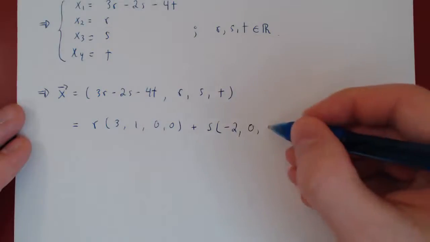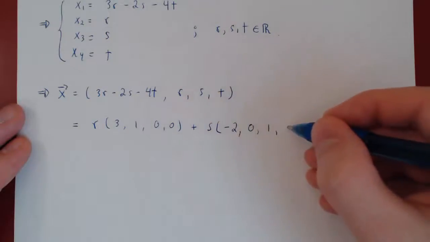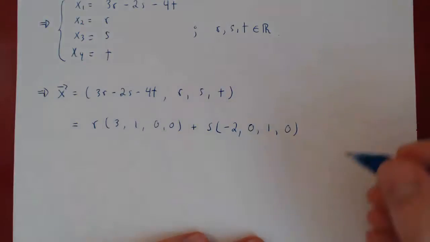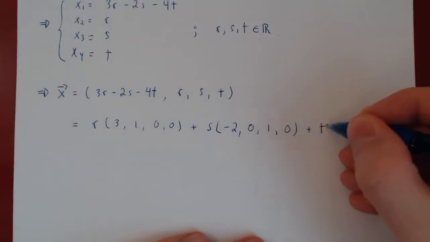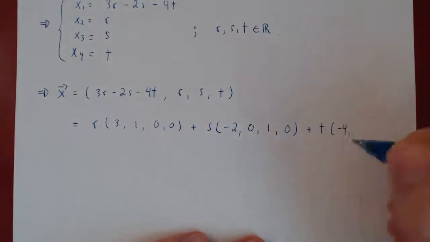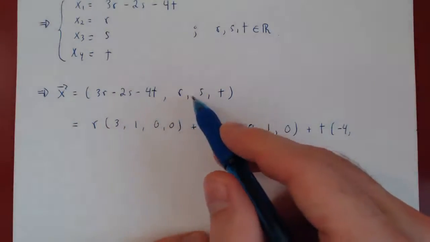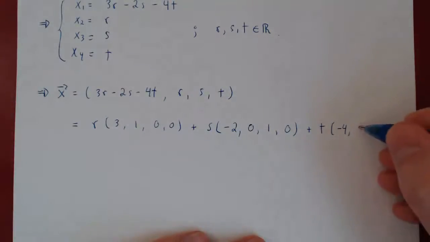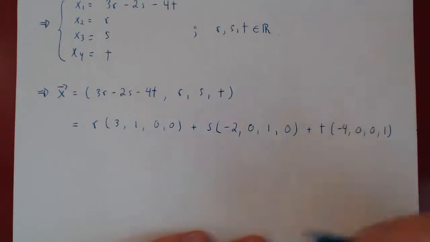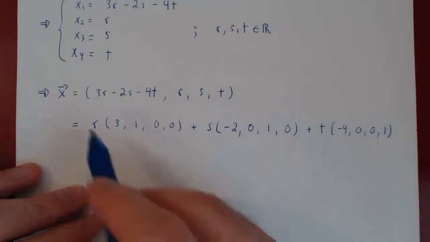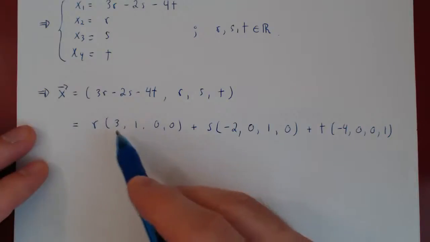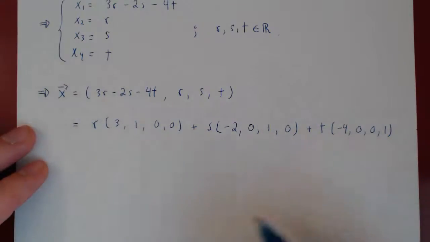There is 1s, 1, no s, 0. Finally, we split t, so plus t times negative 4. There's no t in the second and third components, so it is 0, 0. And finally, 1.